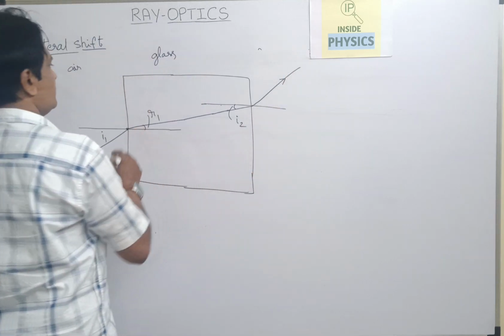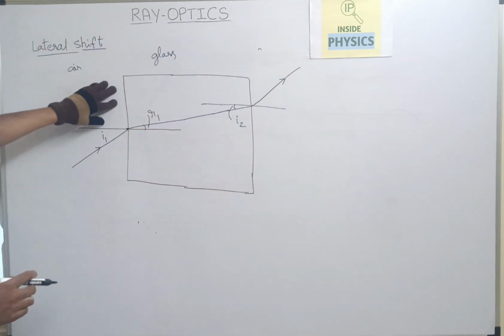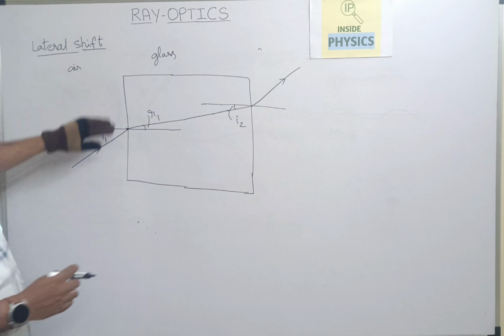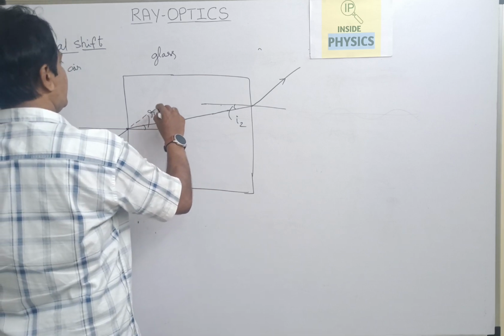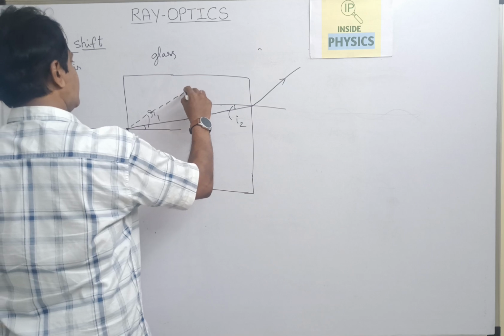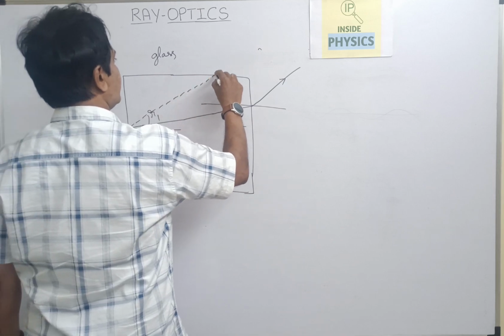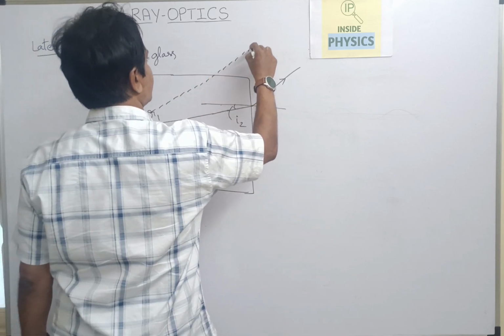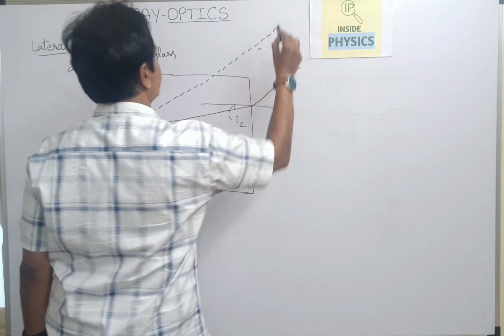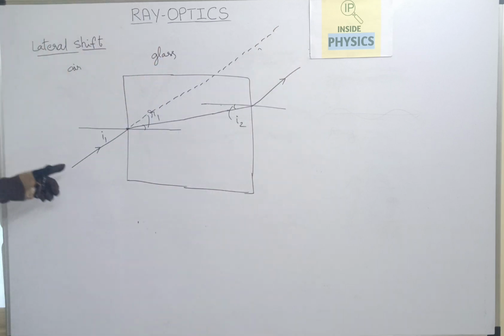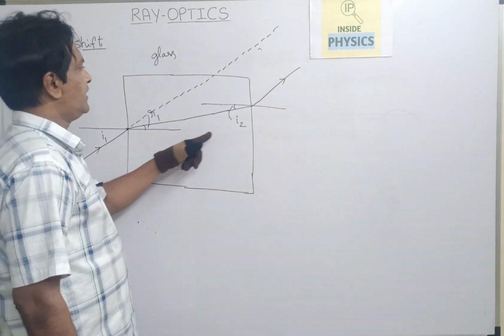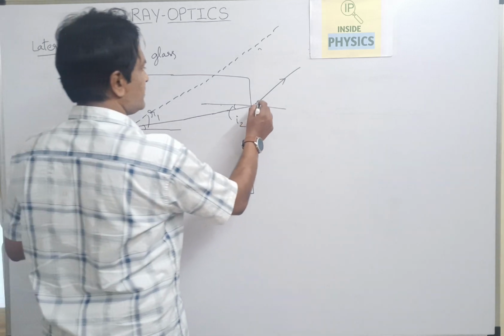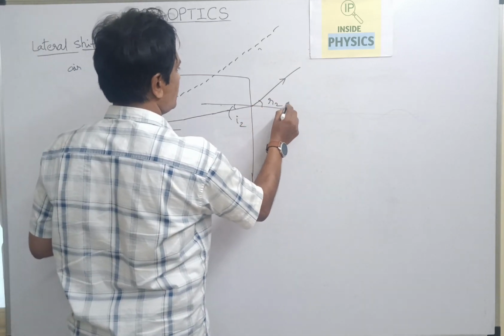Okay, so if you observe, if the glass slab is not here, the incident light ray will be passing through the same rectilinear path without any deviation, like this. But after entering into the glass plate, it has undergone refraction at two interfaces, and this is called angle of refraction 2.